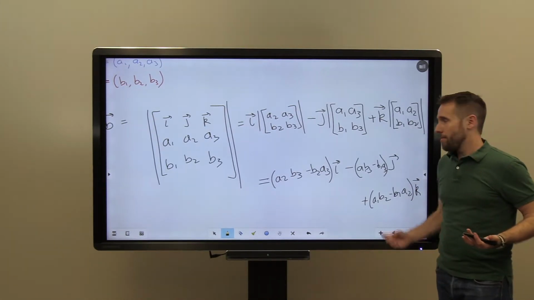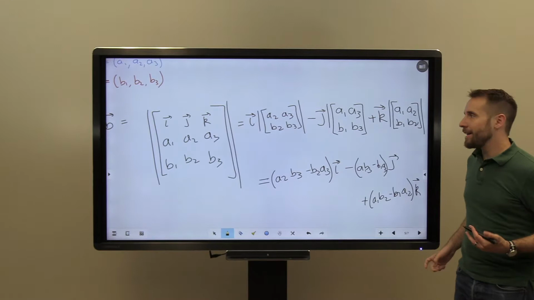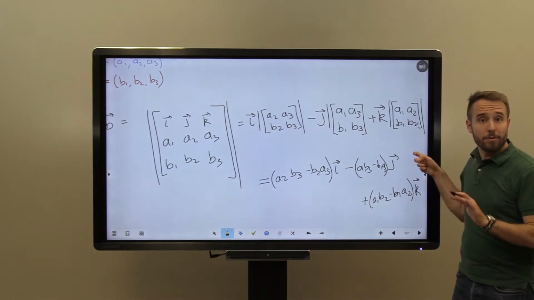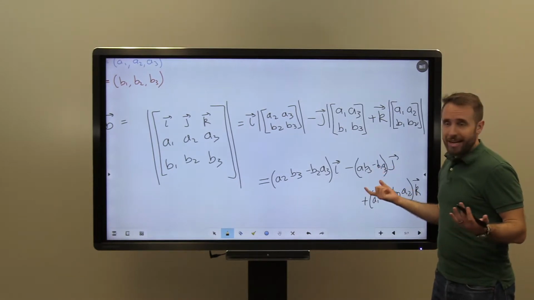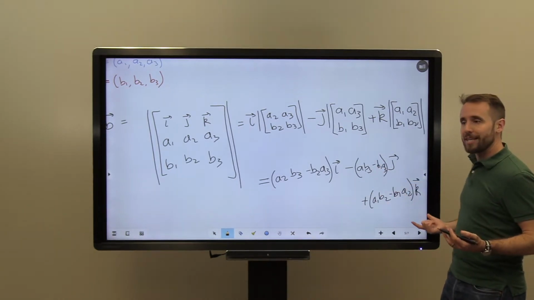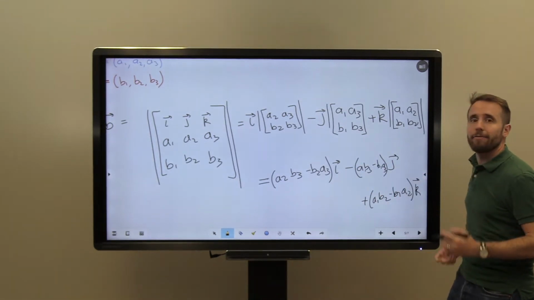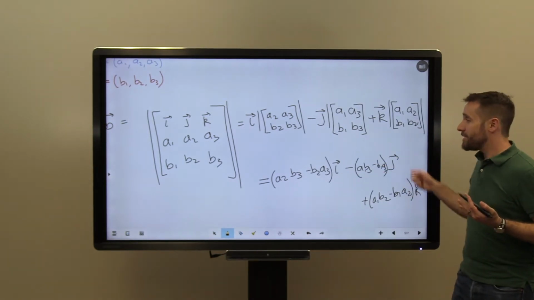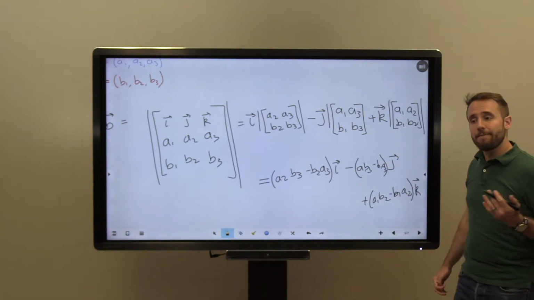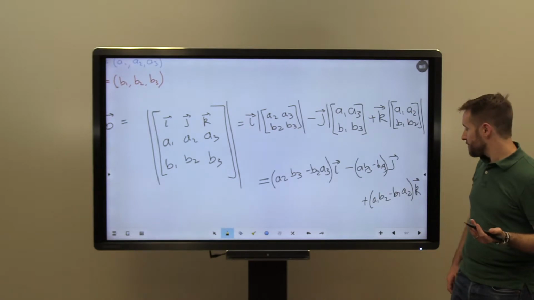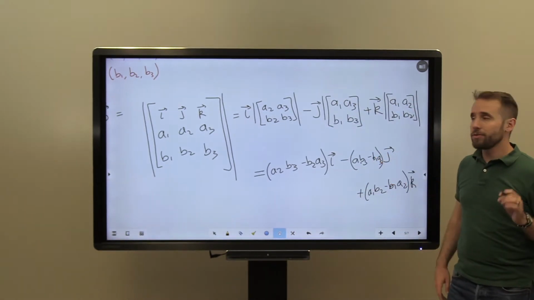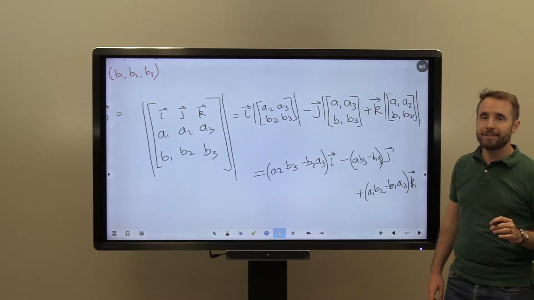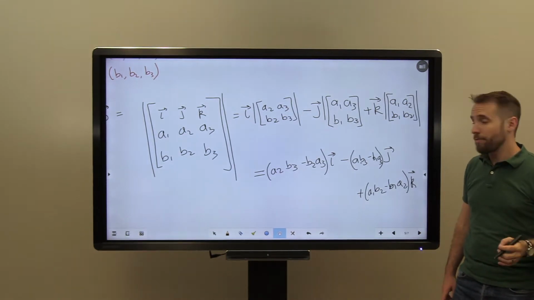Right, and this of course is not anything you'd want to memorize. Really, this process is the way to go about doing this. But notice we end up with a number times i minus a number times j plus a number times k. And because i, j, and k formed our orthonormal basis, this will describe a unique vector in three-dimensional space. And so the end result of our cross product is, in fact, another vector in R3.